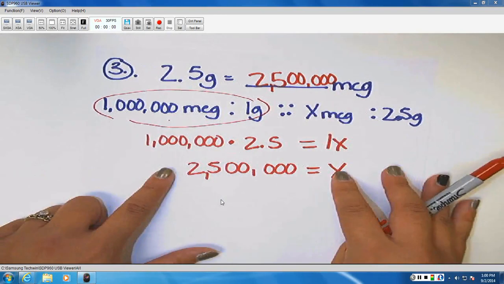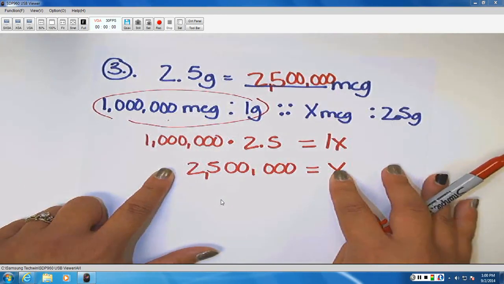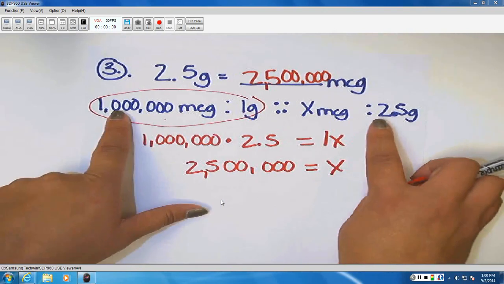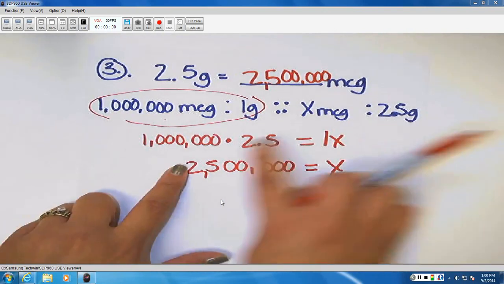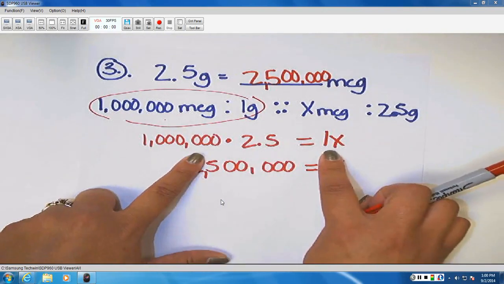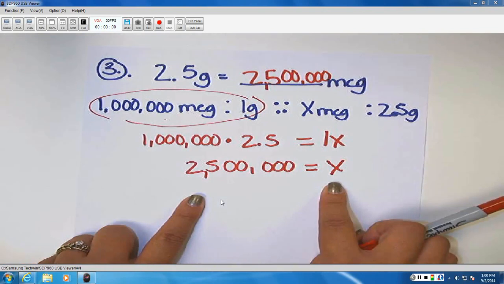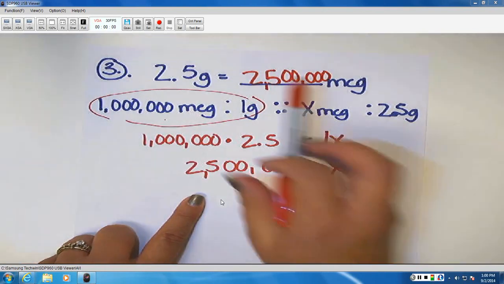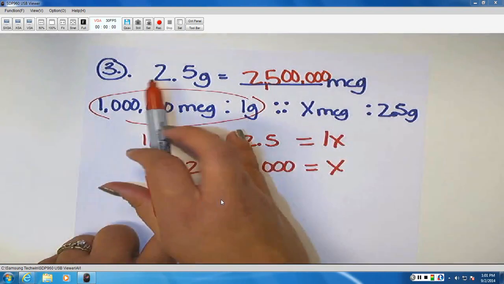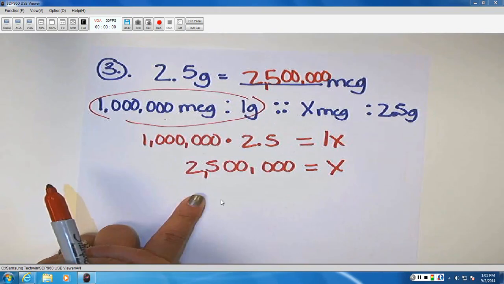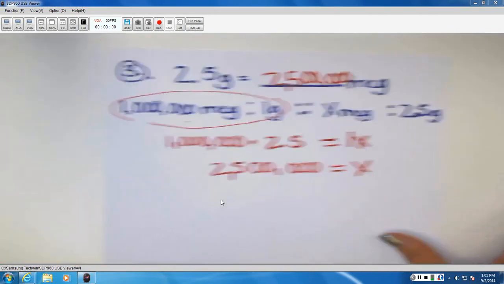But again, I want you to show your work for these problems. So we took 1 million times 2.5. It was going to equal x, and here was our end result. Make sure you label your work as well. Put it up here, micrograms. 2.5 grams equals 2,500,000 micrograms.